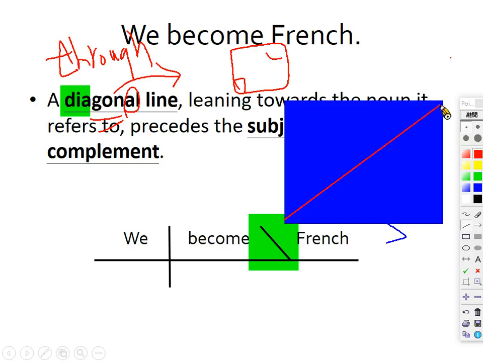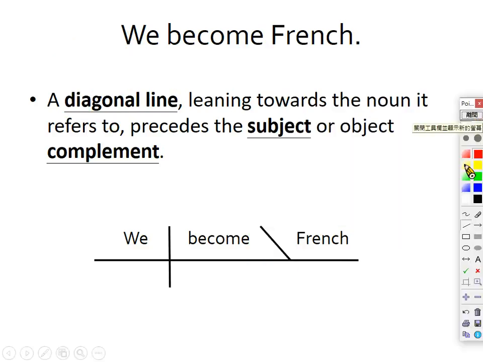This is diagonal through the rectangle, right? So through, go through rectangle, diagonal. Okay, now we have a diagonal here. You can think of it as something pointing out to some object far away.